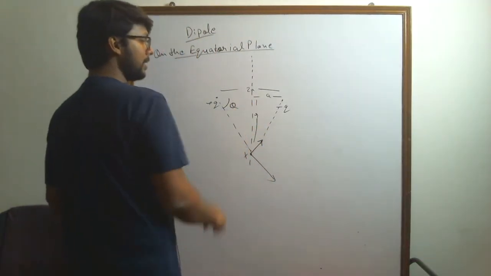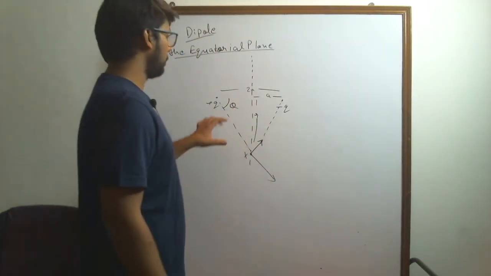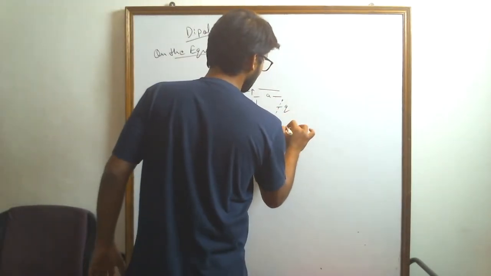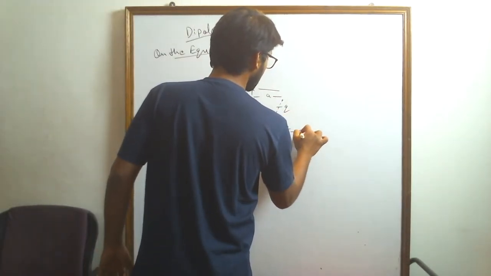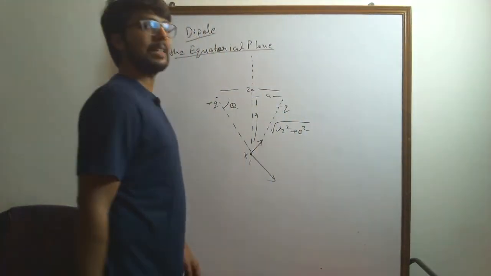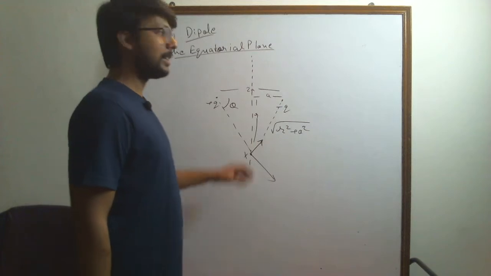Because we take the distance of the point from the center of the dipole. So this distance is R, and that means this distance is the root of R square plus A square. That is how we figure it out.